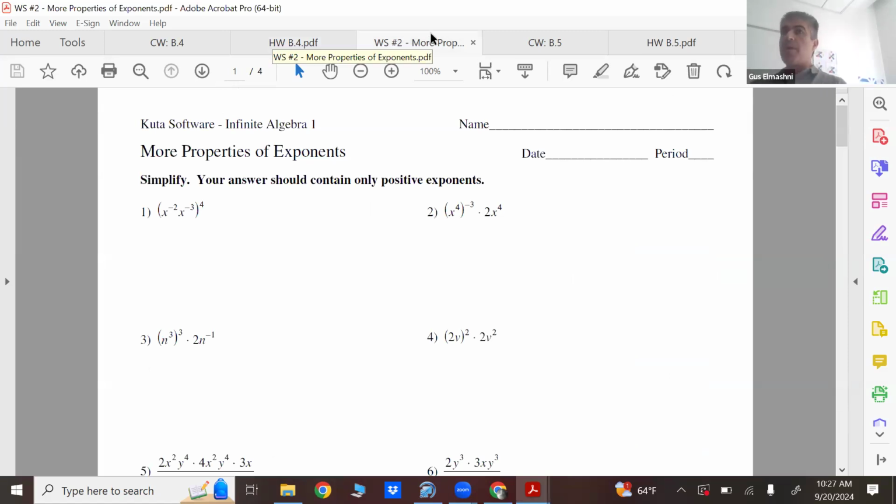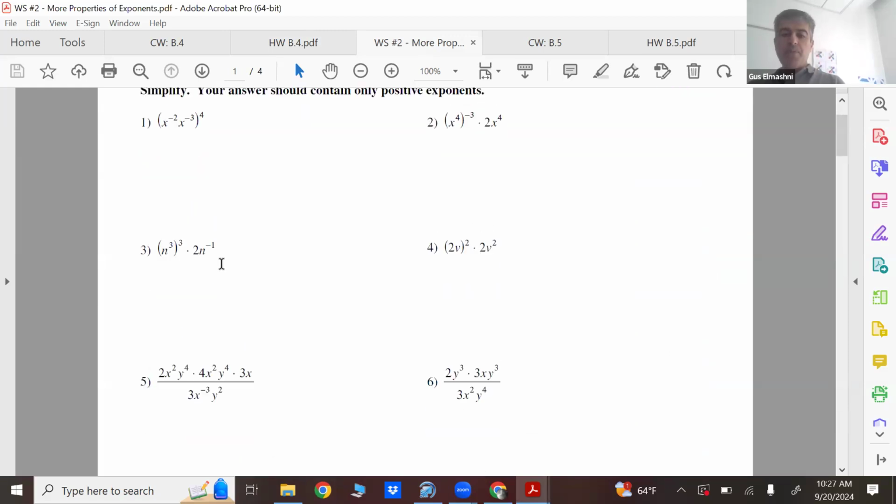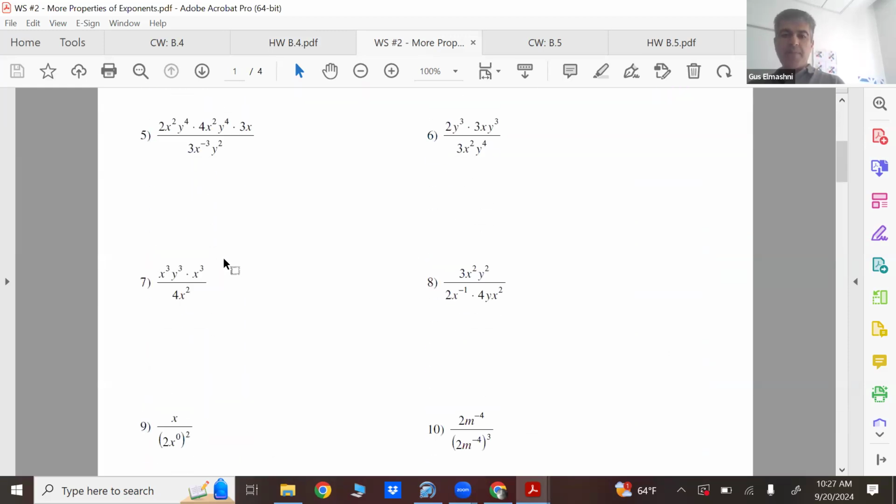I want you guys to keep working on this throughout the weekend and next week. I'm just going to do a couple so you guys see what's up. But remember, if you have x to the m times x to the n, what do you do with those two exponents? Add, hopefully.